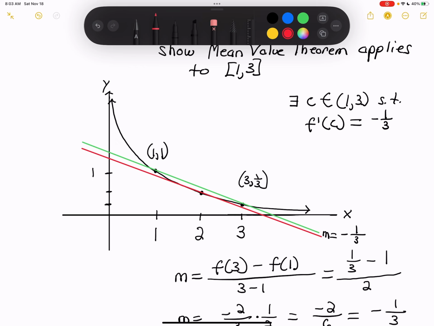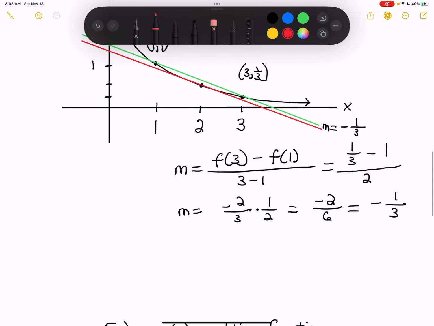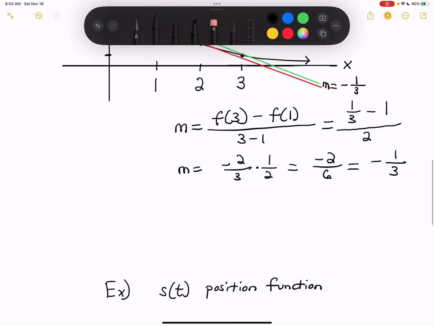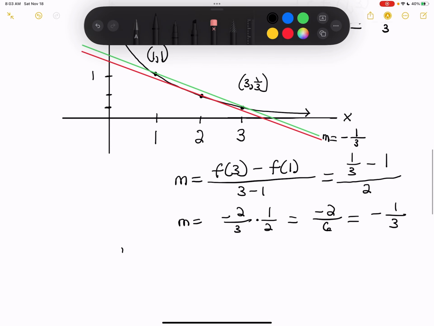So let's find the actual value now. Let's find this actual c value, because f prime of c must equal negative 1/3. So the first step is let's find the derivative of the function 1 over x. And we know that that's negative 1 over x squared.